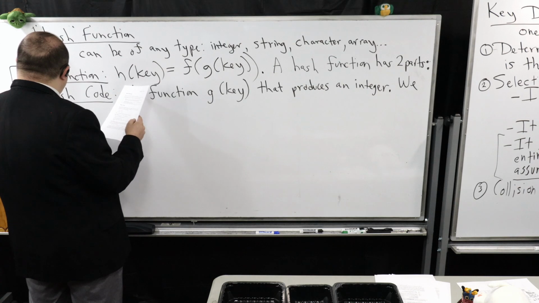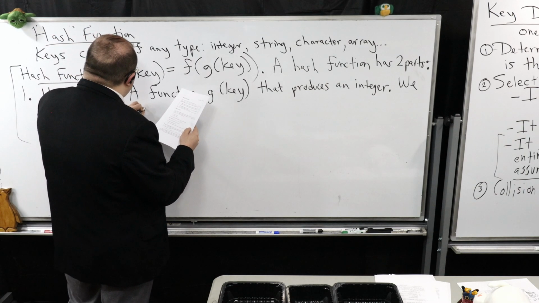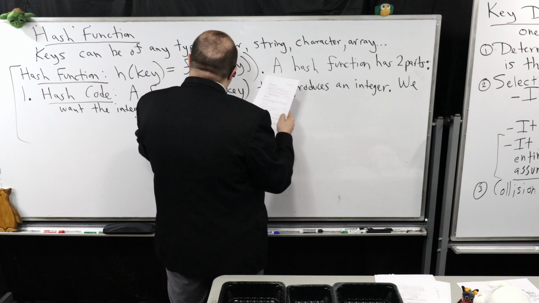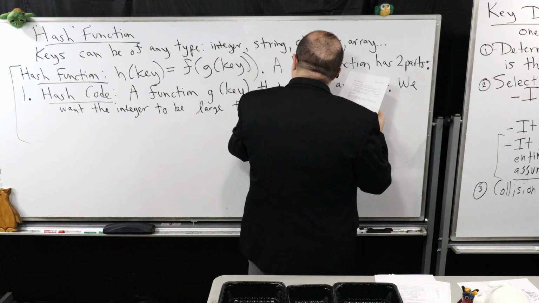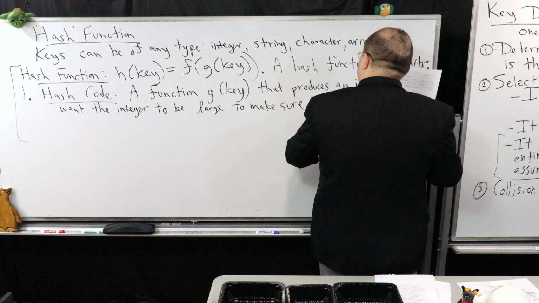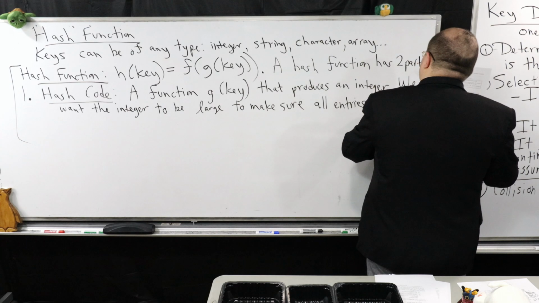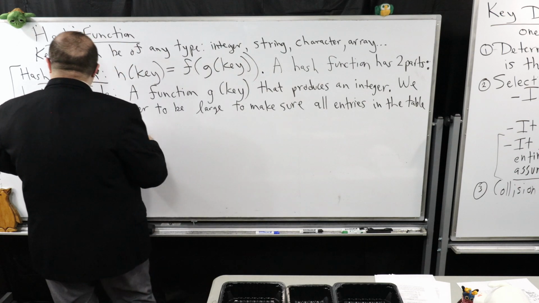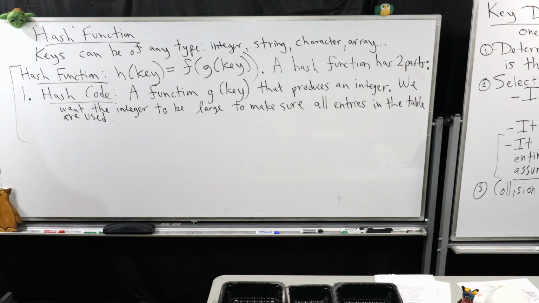We want the integer to be large to make sure all entries in the table are used. I'll tell you up front, the hash code does most of the work.